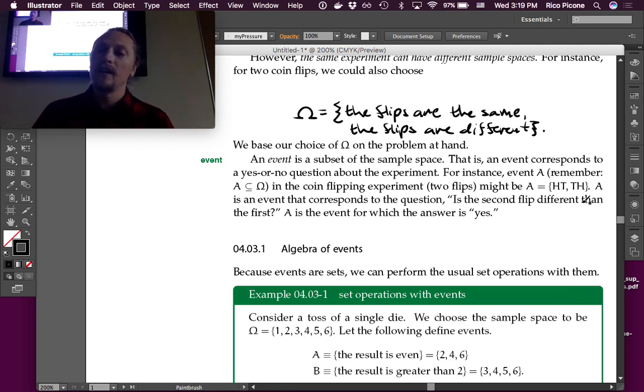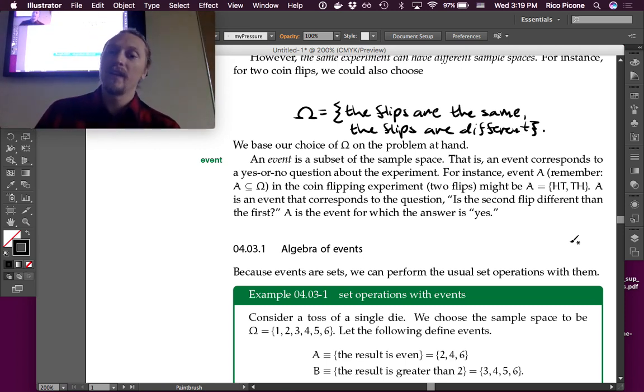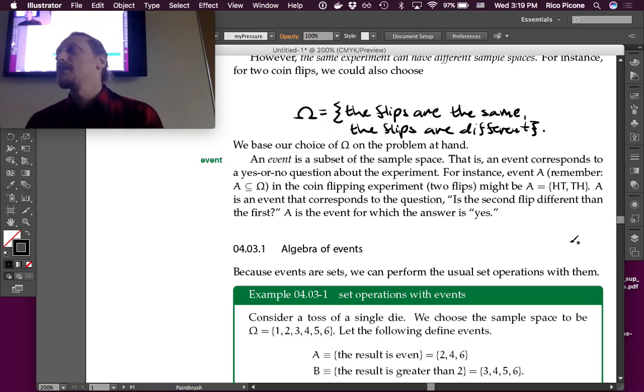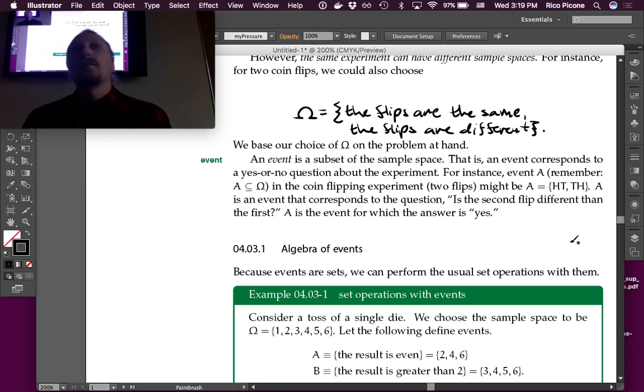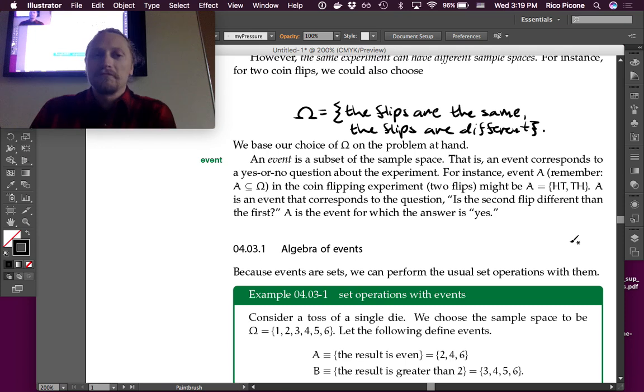That's an event. A is an event that corresponds to the question, is the second flip different than the first? So that would be a question you could ask. A is the event for which the answer is yes. So that's how we can think of an event. An event is an event in the sort of typical use of the word, right? Like something that occurs.